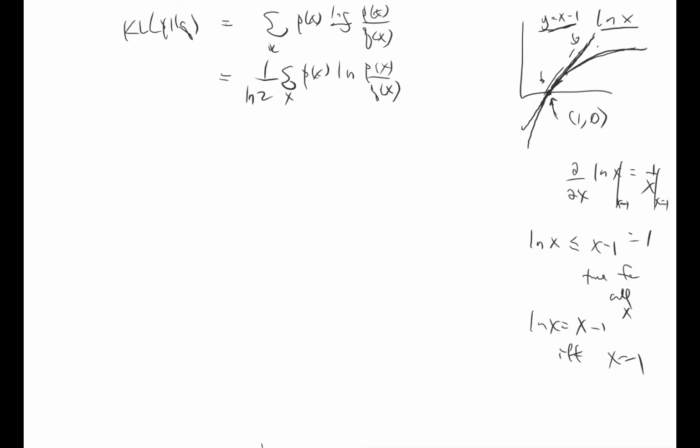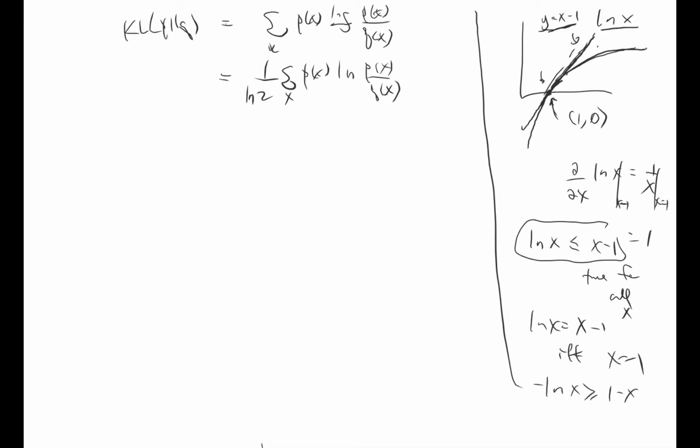This is just a very simple inequality I derived here. Now, I have log x less than or equal to x minus 1, so I also have minus log x bigger than or equal to 1 minus x.